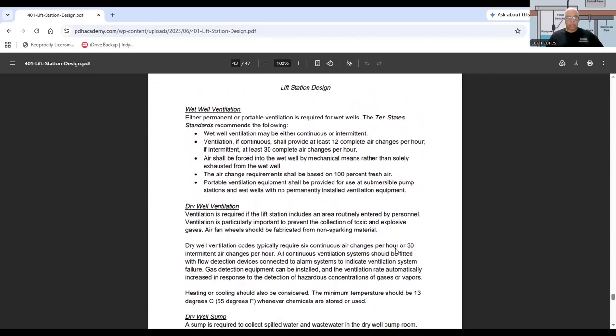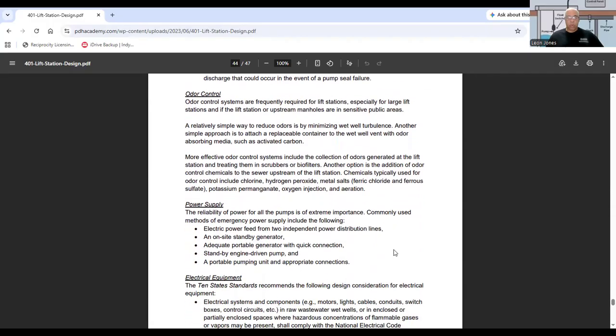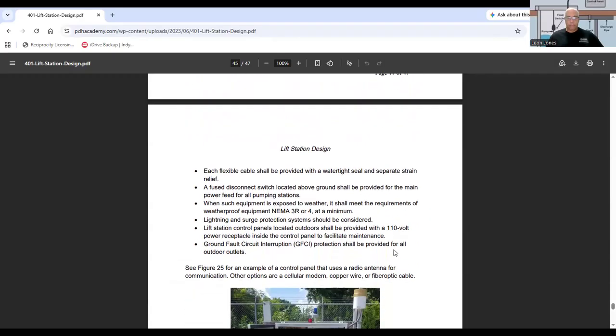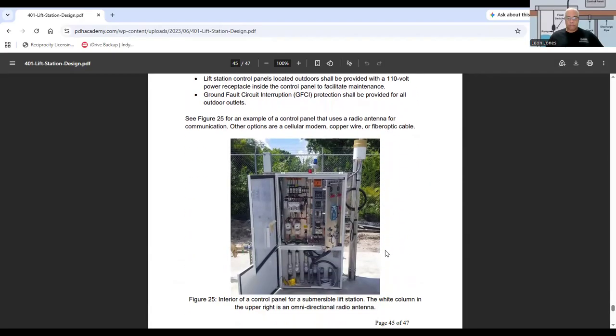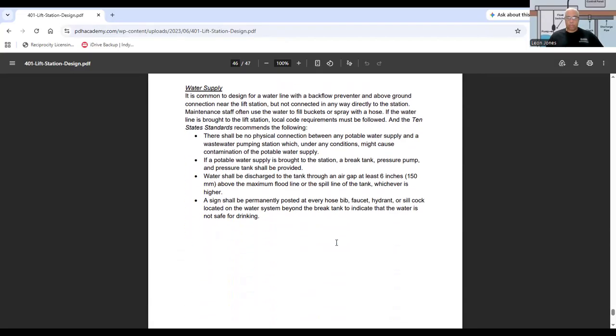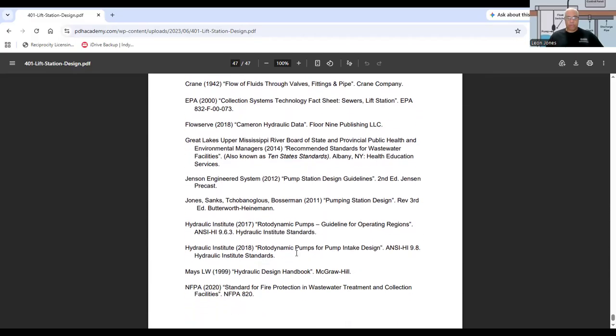Wet well ventilation, dry well sump, odor control, power supply, electrical equipment. Here's what your control panel looks like. Water supply. And here are all the references.